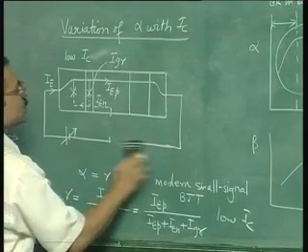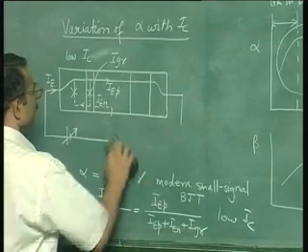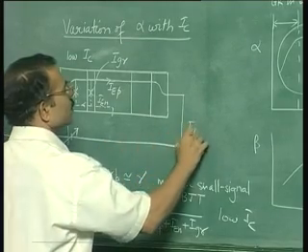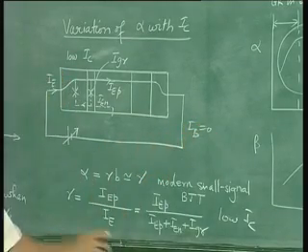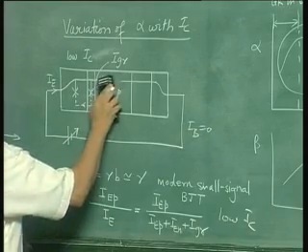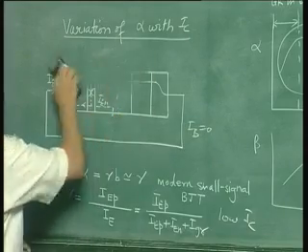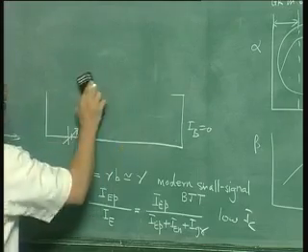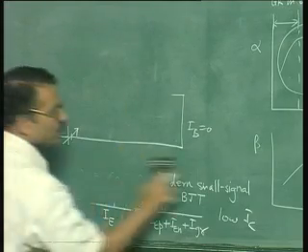So the base is open and this is the transistor connection. This is the bias when IB is equal to 0. So we rub off all this to show the condition for IB equal to 0.